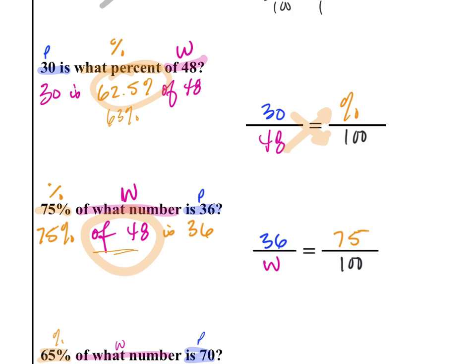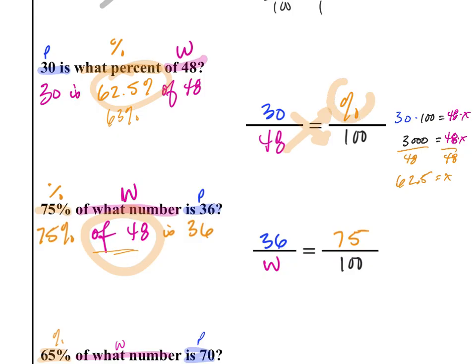So what we wind up with is 30 times 100 equals 48 times X. That's going to give me 3,000 equals 48 times X. I'm going to divide both sides by 48. I'm going to get that X equals 62.5.